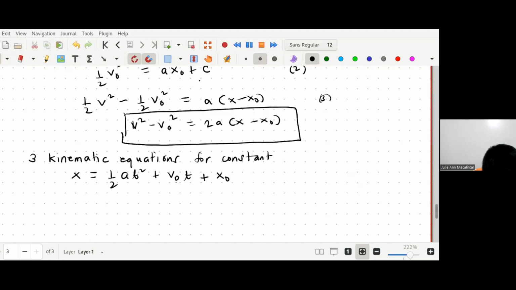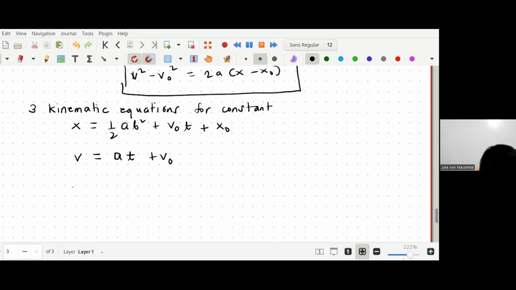So with initial velocity, it just means velocity at t equals 0 dito. It's convenient to define it that way. Tapos v is equal to a times t plus v sub 0. And then the last one is v square minus v naught square equals 2a times x minus x naught. So ito yung basic equations for kinematics for constant acceleration.